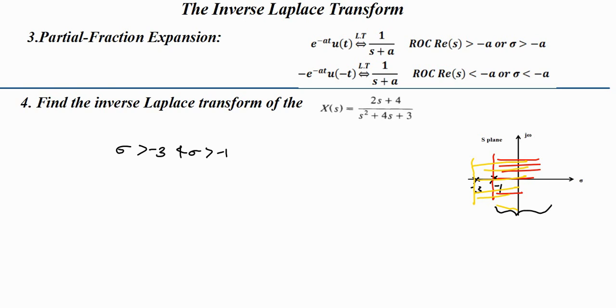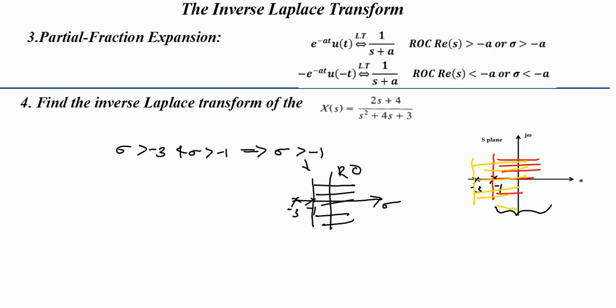I can conclude this is equivalent to sigma greater than minus 1. Here it is minus 3, here it is minus 1, and the resultant ROC is greater than minus 1. The pole at minus 3 corresponds to a causal signal and minus 1 also corresponds to a causal signal.